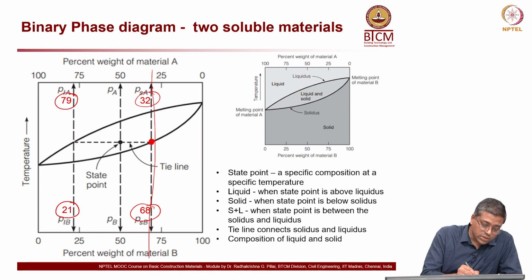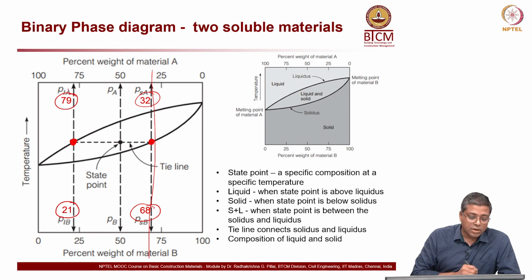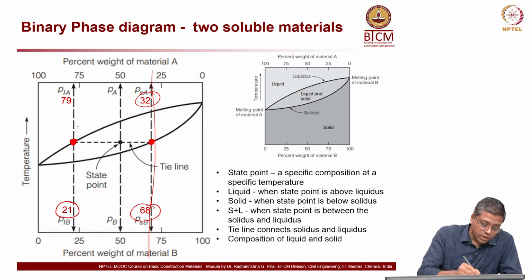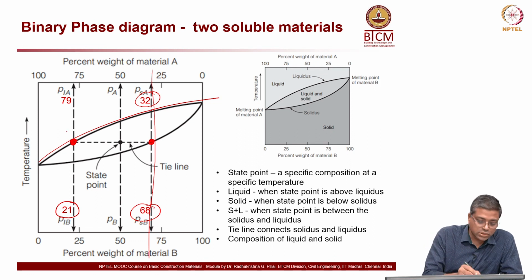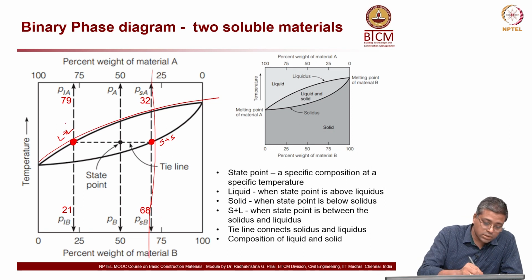So the first case was here. If I take this point, I can say that point has 79% of A in the liquid phase, because this is my liquidus line, and 21% of material B in the liquid phase. So both are liquid plus liquid here, and here if I take this point, both are solid plus solid here. I think that's clear now.